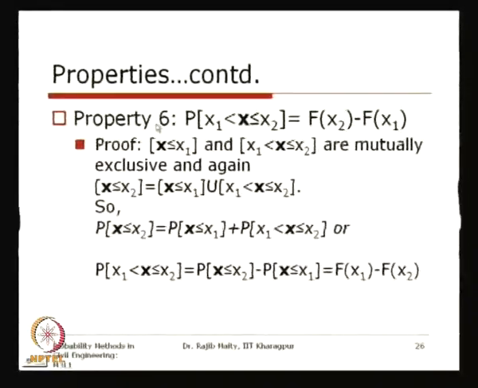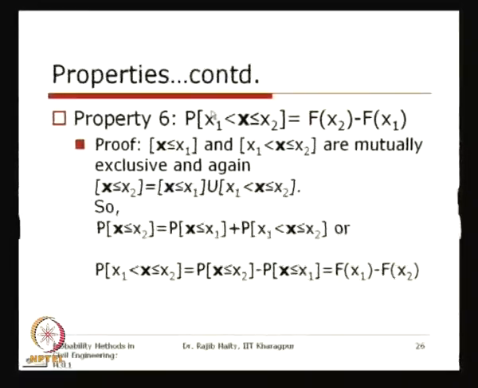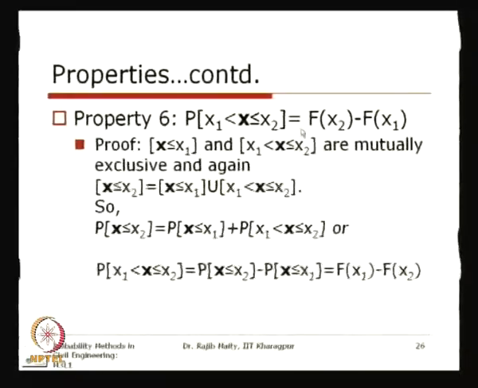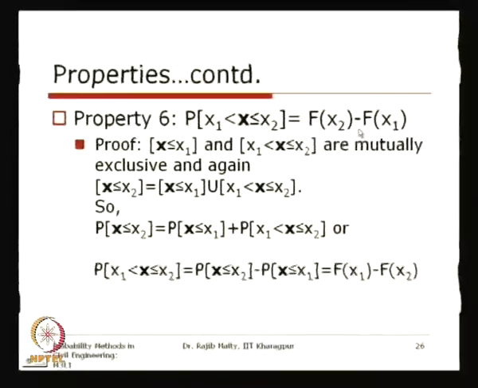Then the sixth property says for a random variable bounded by x1 and x2, the probability of the value from x1 to x2 is equal to F(x2) minus F(x1).